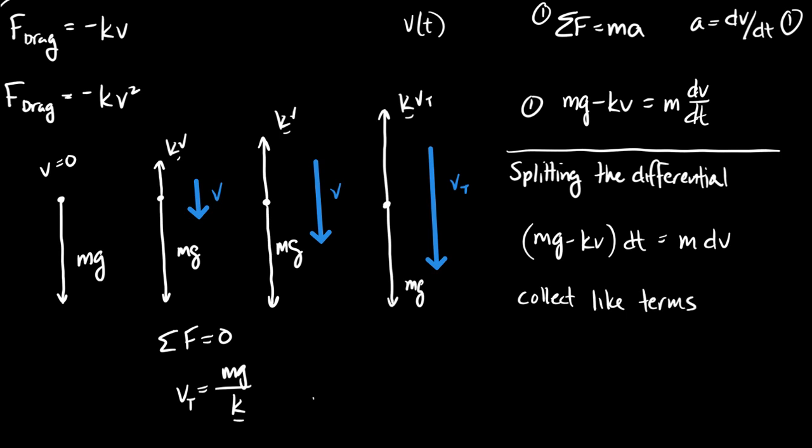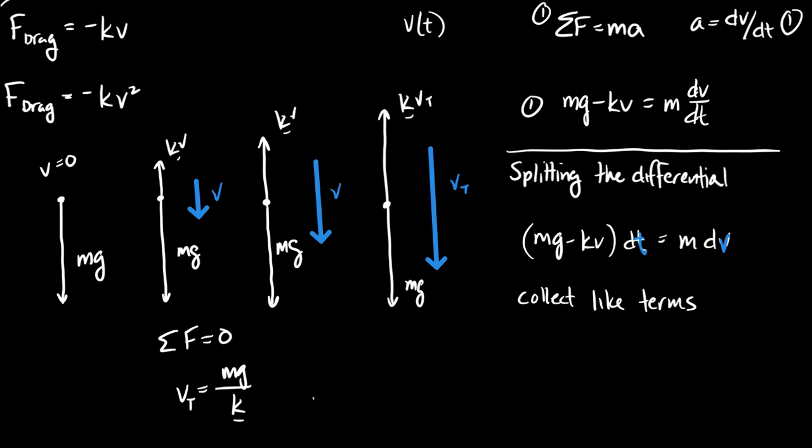So that means you have to figure out what your important terms are. t is one of them, and v is the other. So any part of your function containing t has to be brought to the same side as dt, and any part of your function containing v has to be brought to the same side as dv.